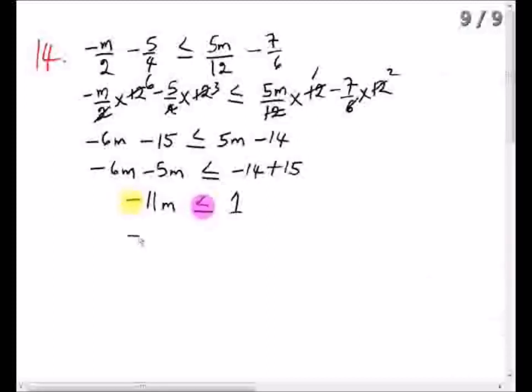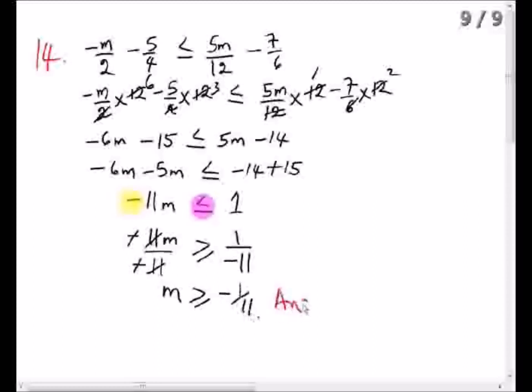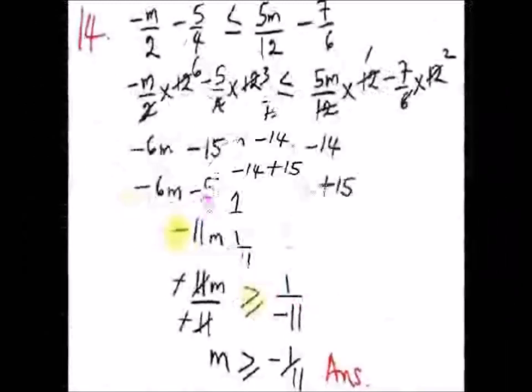So we have minus 11m divided by minus 11 is now greater than or equal to 1 divided by minus 11. This now cancels out, so that we now have finally m is greater than or equal to minus 1 over 11. And this is our final solution.